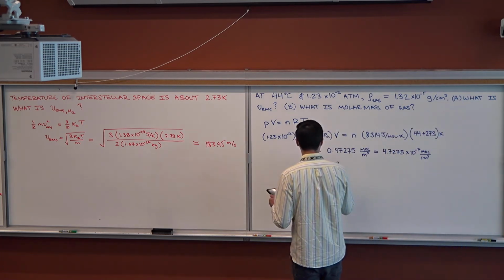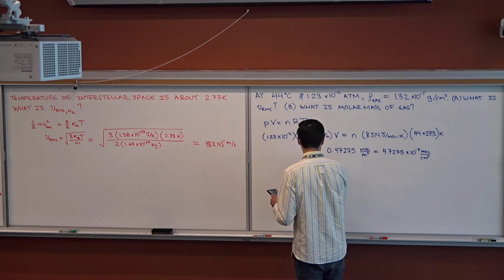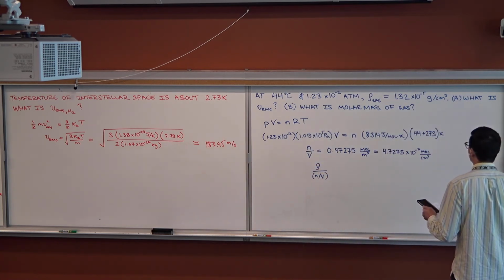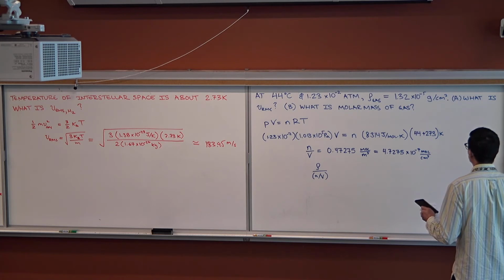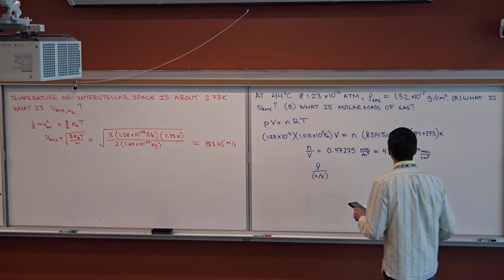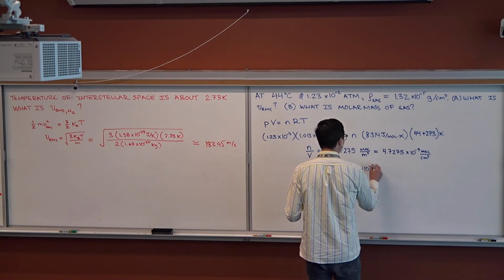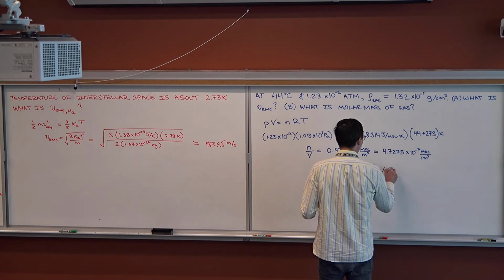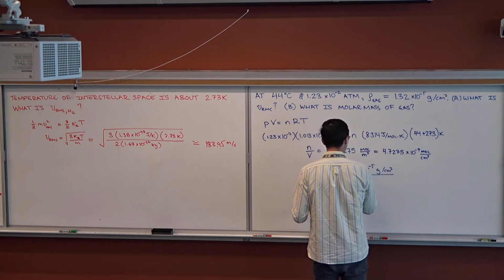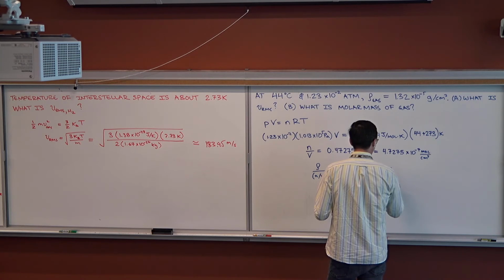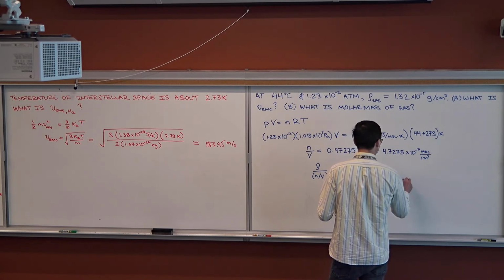Yeah. So if I take rho over... is that what I want to do? Yeah. I'll get grams per cubic centimeter divided by 4.7275 times 10 to the minus 7 moles per cubic centimeter.